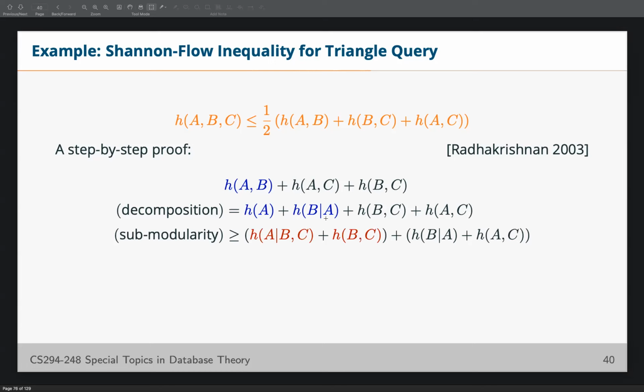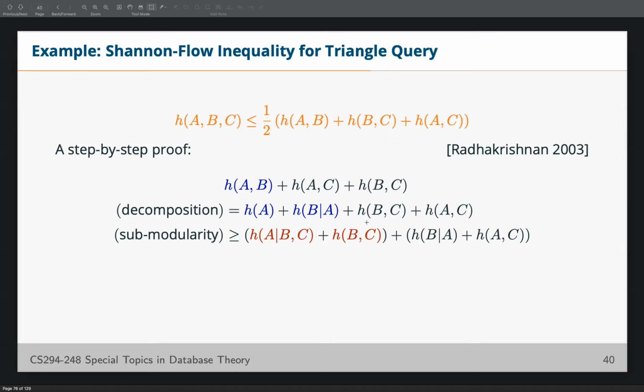All right, now we are going to apply submodularity. I'm applying it in the following way: H of A is greater than H of A conditioned on BC. Remember that the degree of uncertainty will be less when you know more. If you are conditioning on BC, then you know more, so the quantity will be less.